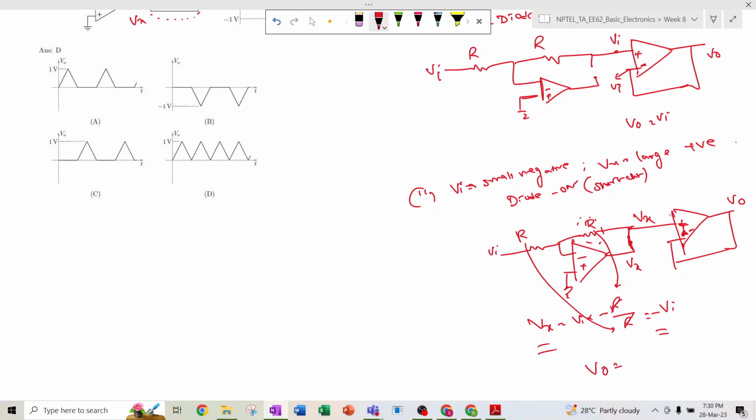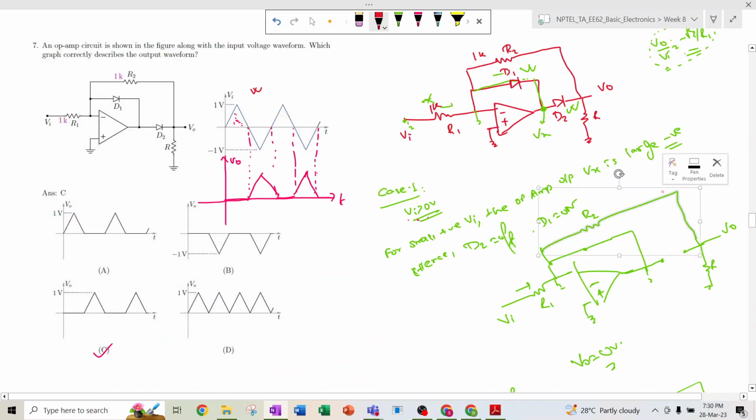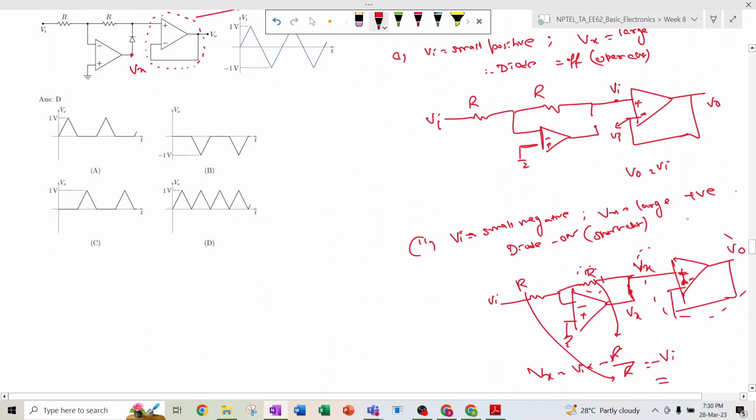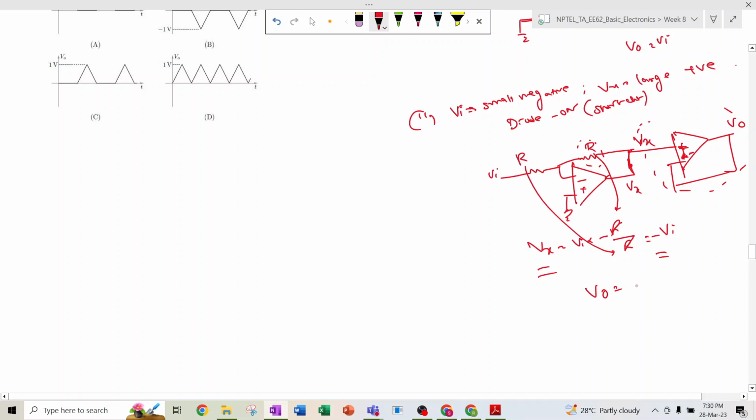The output is nothing but a voltage follower circuit. From this, if Vx is applied, then VO is equal to Vx, which is equal to minus of Vi.